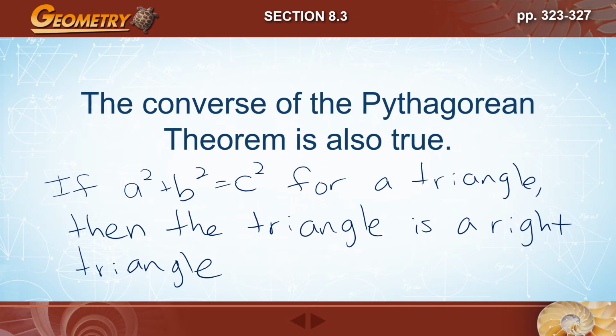So we can use the Pythagorean theorem applied to right triangles, but we can also use it to prove that something is a right triangle. If you're given the lengths of the legs or a leg and the hypotenuse, you can use the Pythagorean theorem to determine if it is a right triangle.